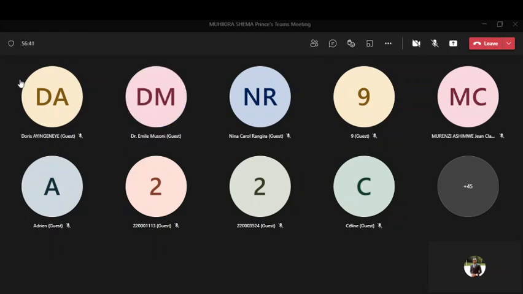The markers of the RS, Reed-Sternberg, are CD30 and CD15.